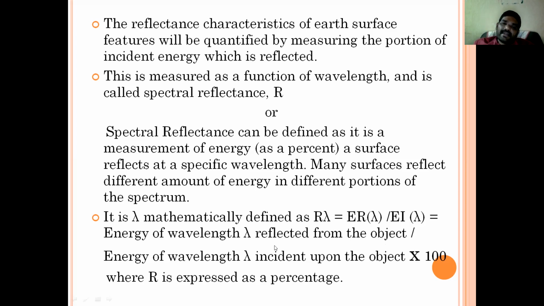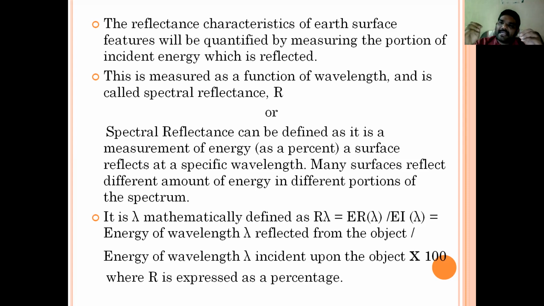This is an empirical formula, so we can't go into much explanation of why it happens and how it comes. After many experiments, one particular equation is given, and based on that equation we move forward.